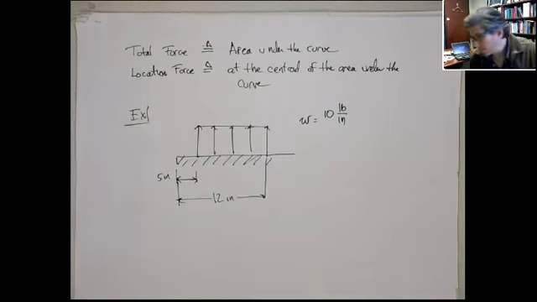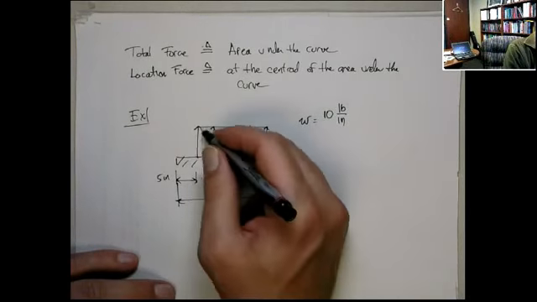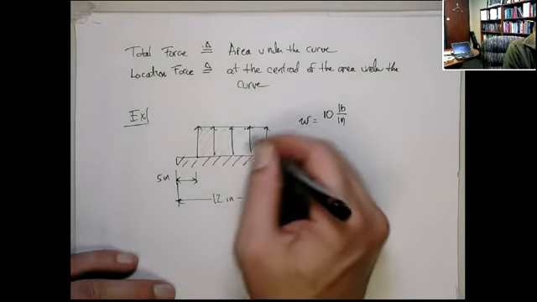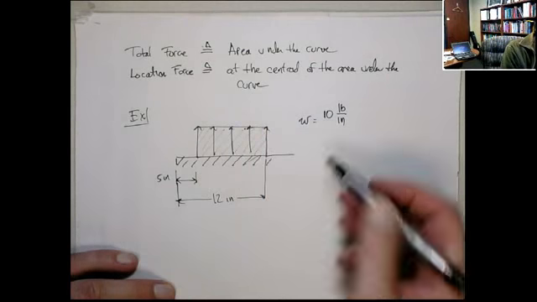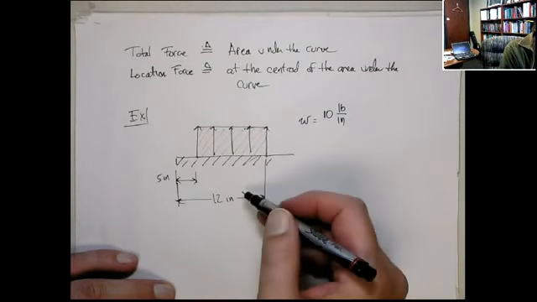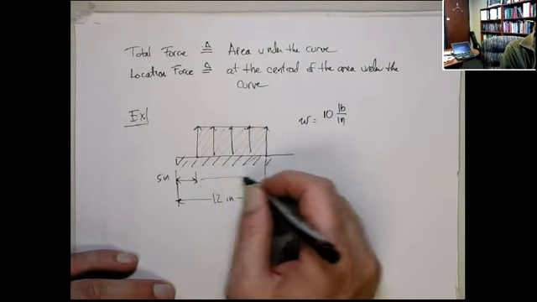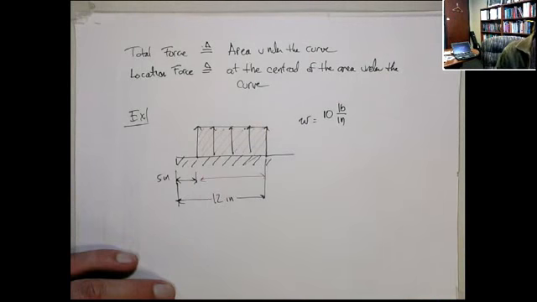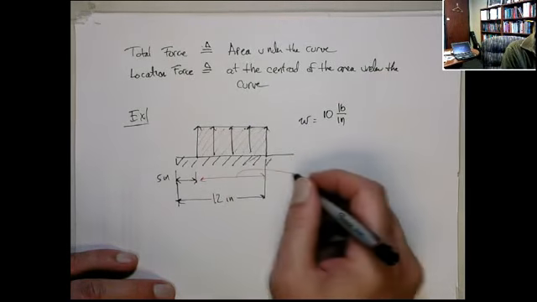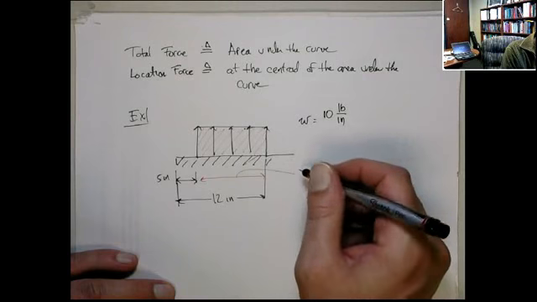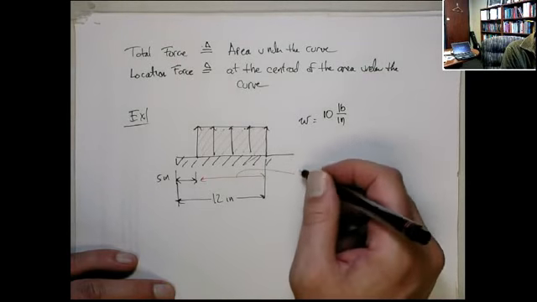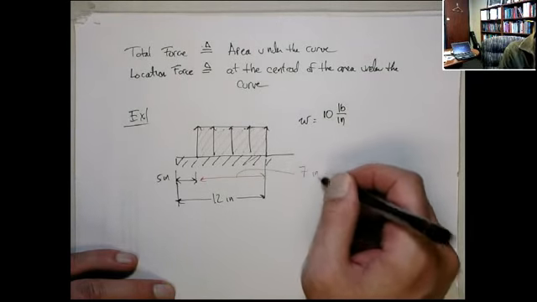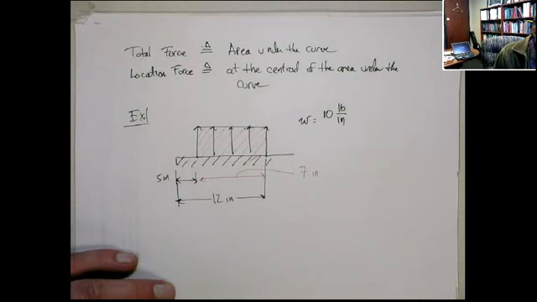Now, what's the effective force of this? I think you should be able to do this even. Remember the centroid part: the area under this curve. Total force is 10 pounds per inch times this length and this length here, 7 inches. 7 plus 5 is 12.